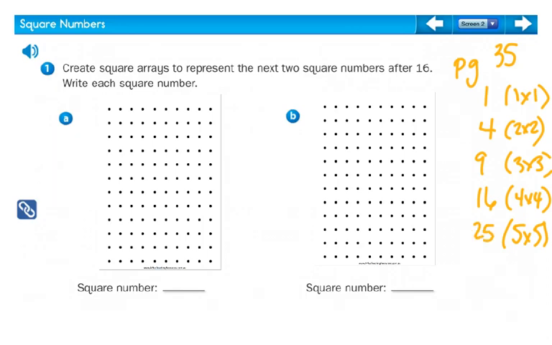So what I'm going to do is go ahead and darken in 5 dots in one row. Now I'm going to create an array where I have 5 rows and 5 columns.